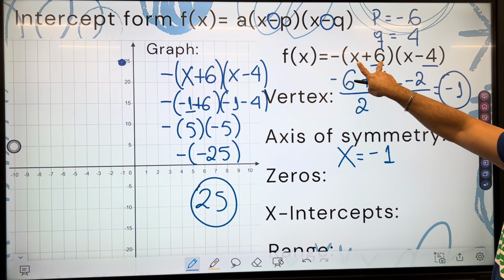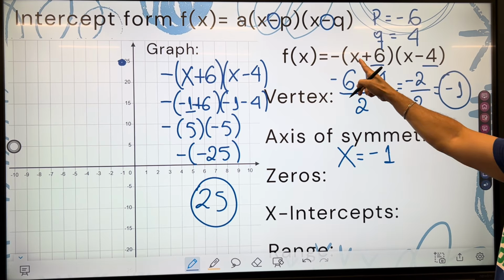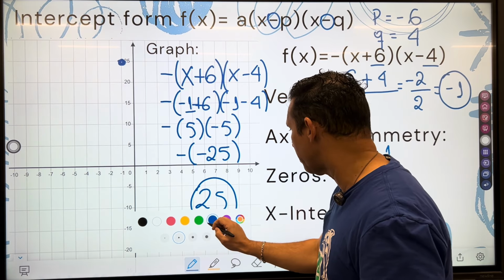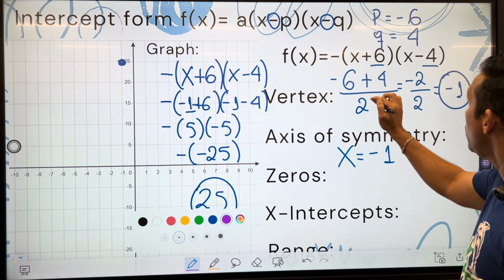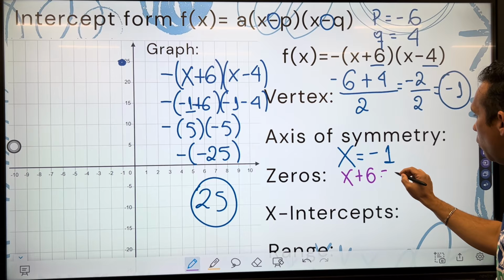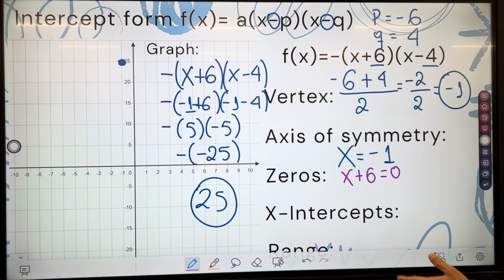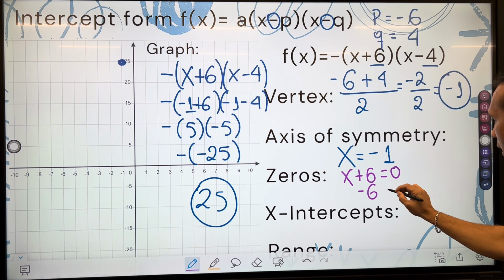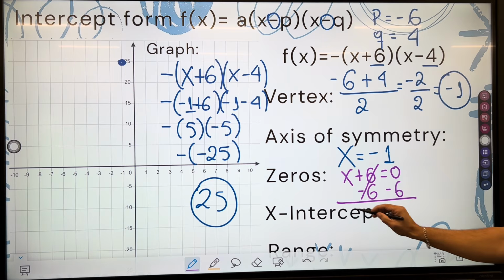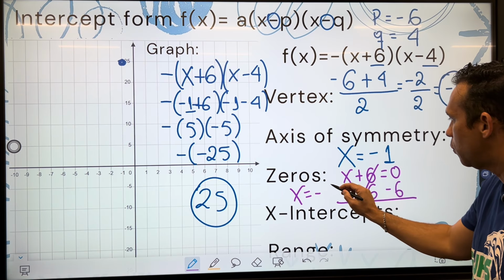What makes this parenthesis equal to 0? -6. If you don't get this right away, what you can do, let me write this in purple, is take the parenthesis, x plus 6, and write equals to 0. We know it's -6, but if you want to try that, you can minus 6 on both sides, and we have x equals -6.